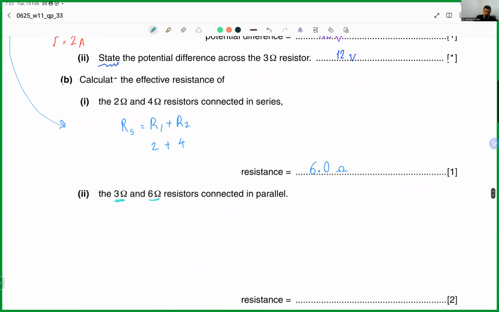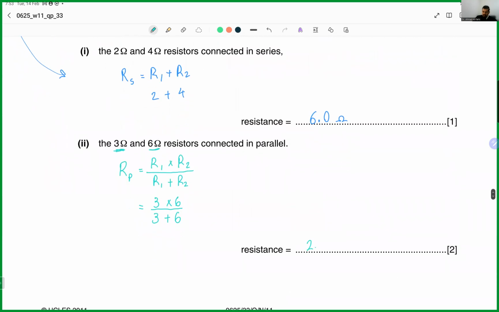R in parallel equals R1 times R2 over R1 plus R2, the product over the sum, which is 3 times 6 over 3 plus 6, and by using the calculator the answer is 2 ohms.